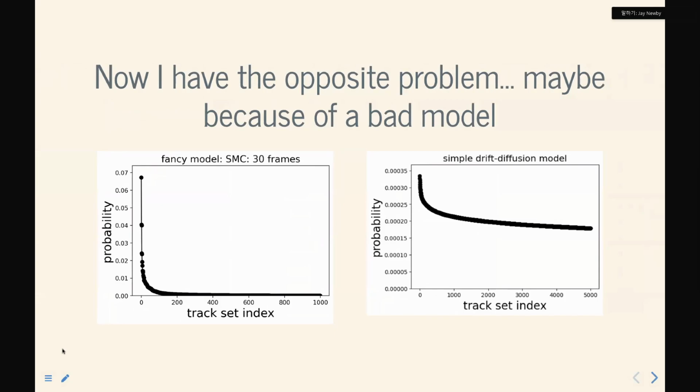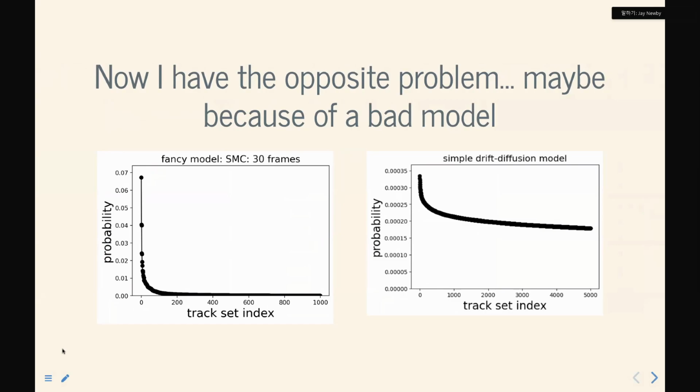Even if you fix the same video, the left side has a maximum track set index of 10,000, but the right side is 5,000. Totally arbitrary, I can look at any number. I picked 1,000 because I could have picked 400. I truncated it just because it's basically 0.